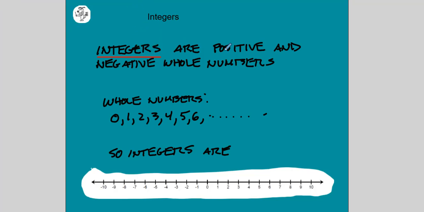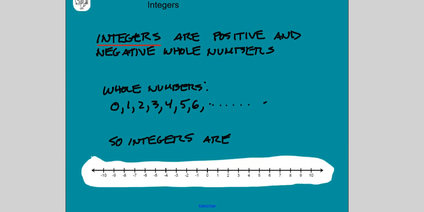So let's begin. First of all, what's an integer? The integers are the positive and negative whole numbers. Your whole numbers are the counting numbers 1, 2, 3, 4, 5, 6, 7, all the way up to 1,000, a million, billion, infinity, plus 0.